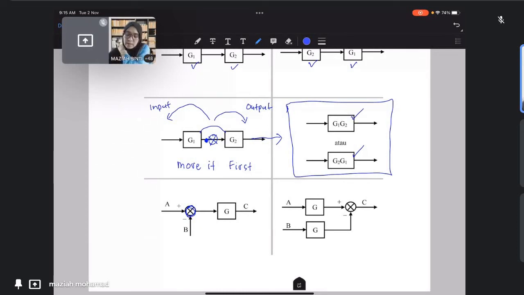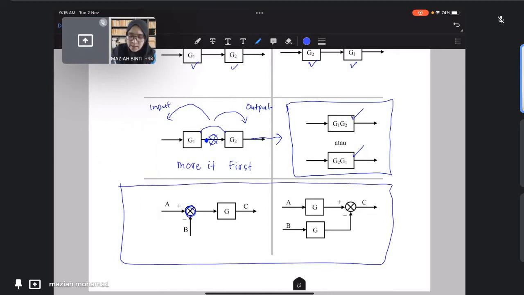All right, first is the summation point. For this rule here, this is when you move the summation point toward the output. Here you can see you move toward the output, so now the summation point is after the G block, because you move over G toward the output. Therefore you need to multiply with G, meaning there will be an additional block there.